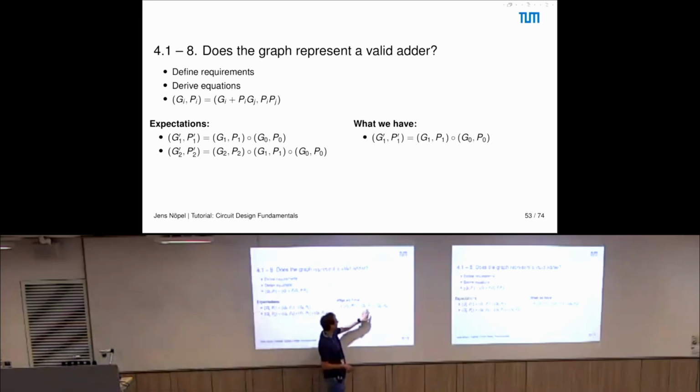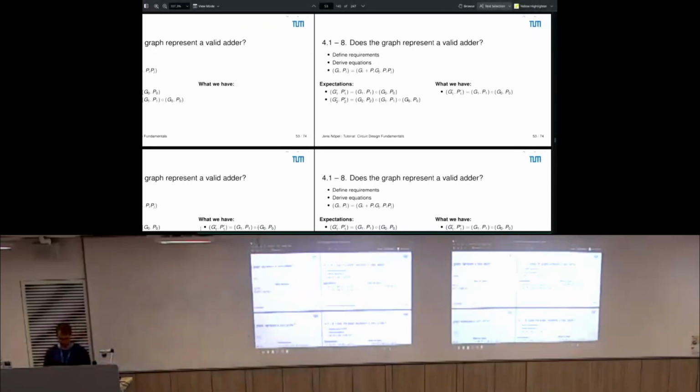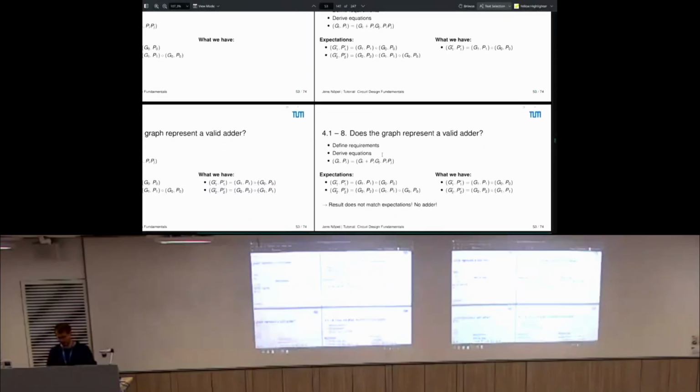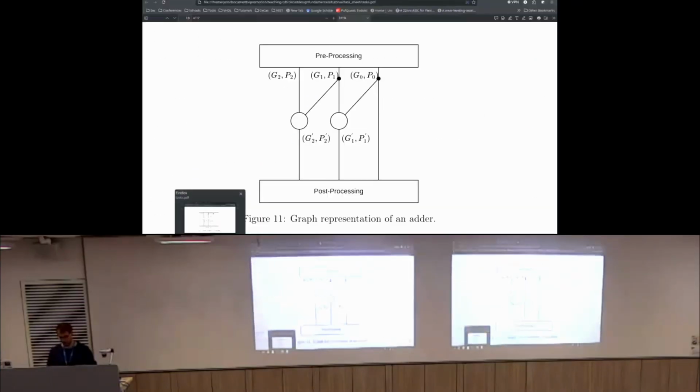We see we have a conjunction between G1 P1 and G0 P0. This is the node we want to look at. We see a conjunction of G1 P1 with G0 P0. Very easy. And then for the second one, we have this one. This is a conjunction of G2 P2 and G1 P1.